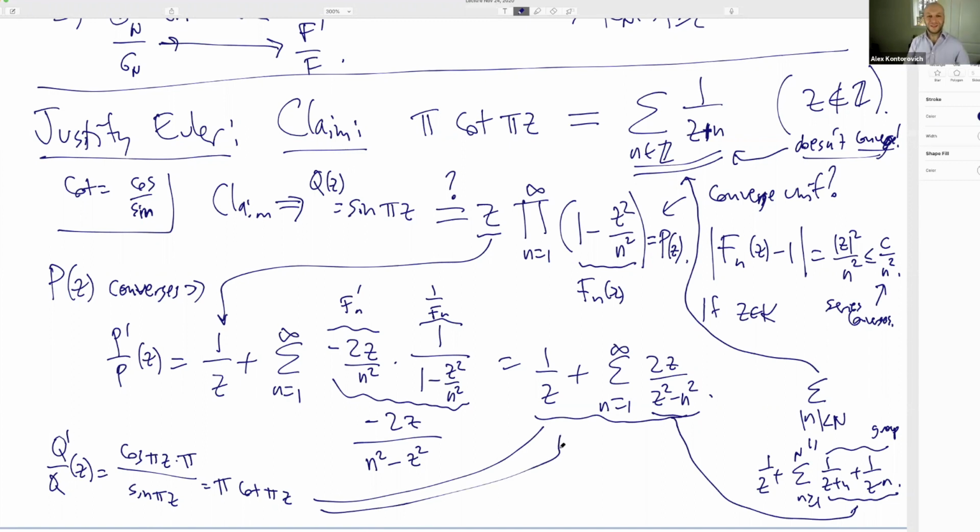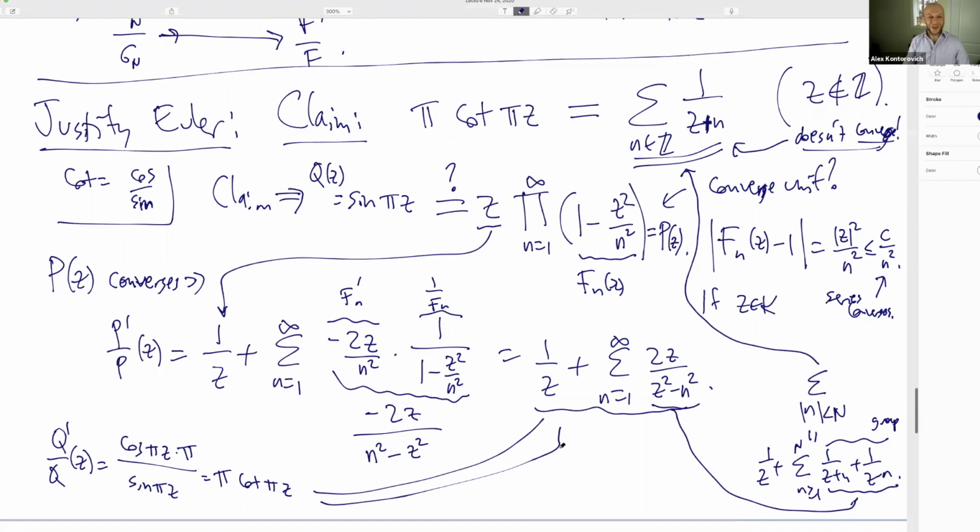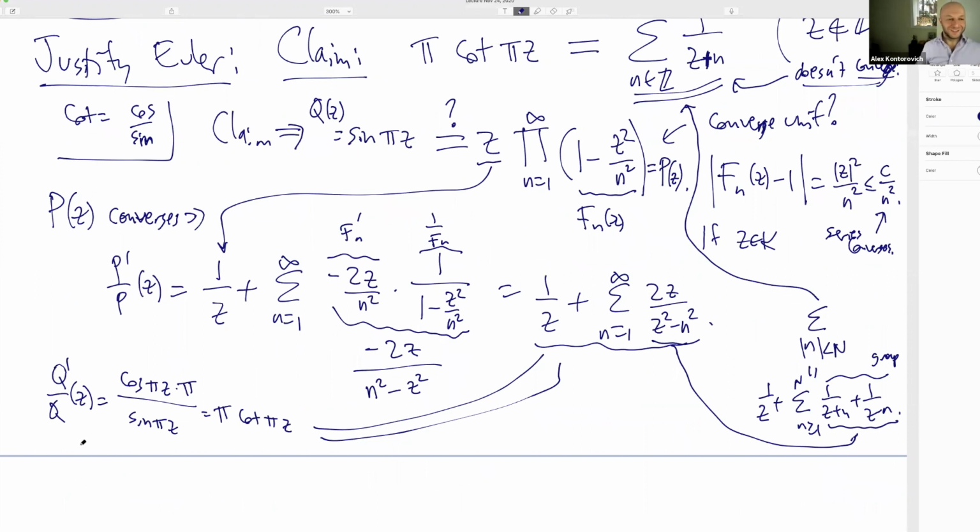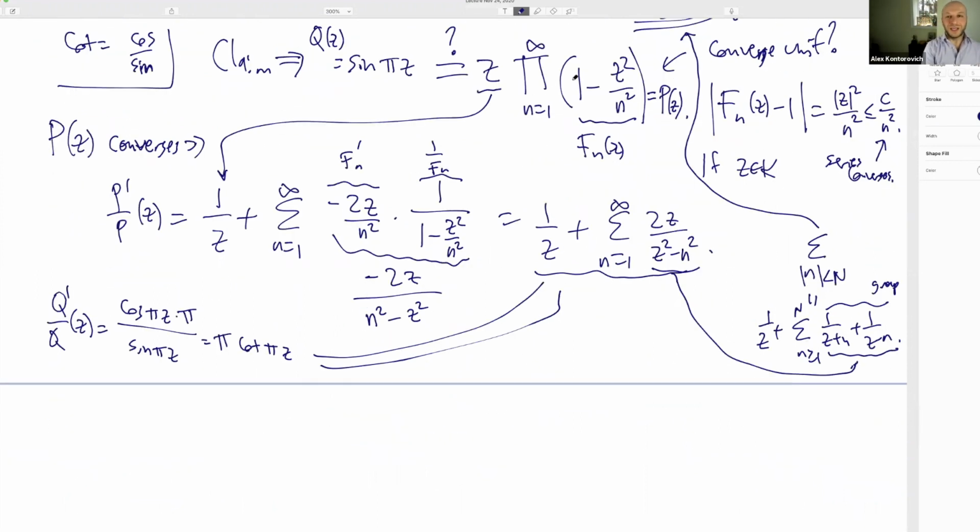Okay, we're almost there. So we have this P. P is this large product. Q is the function sine. Let's look at P over Q. What's the derivative of P over Q?